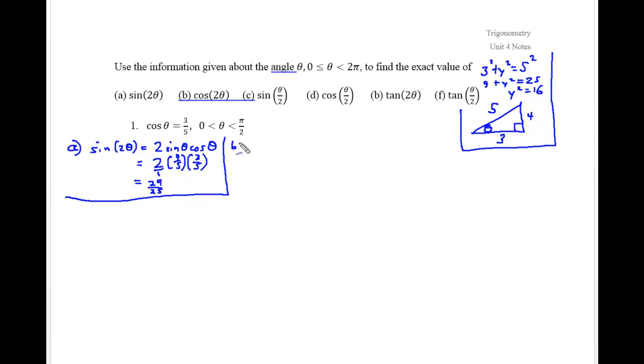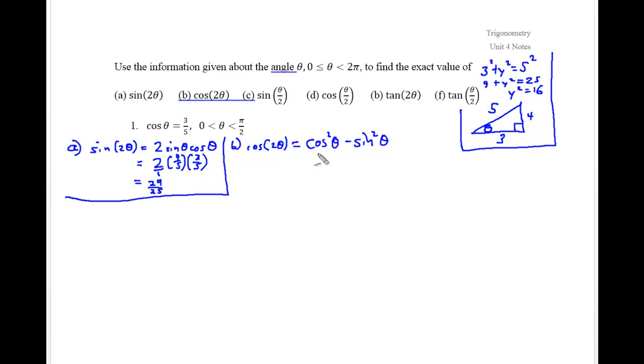Part B, we're going to do the cosine of 2 theta. So the cosine of 2 theta, we have 3 different equivalent expressions for cosine of 2 theta. The one I like to use the most is cosine squared theta minus sine squared theta. And since we have our right triangle here, it's just really easy to pick from this expression.